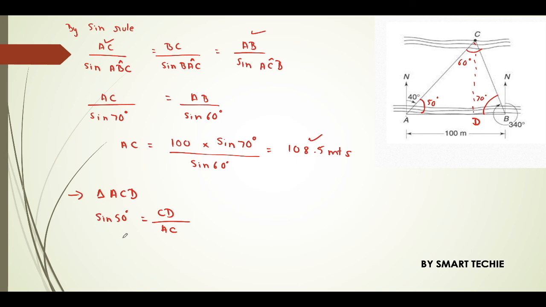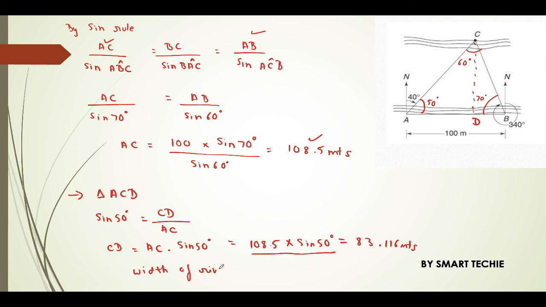CD is AC into sine 50, which gives 108.5 meters into sine 50, that is 83.116 meters. So the width of my river is 83.116 meters. Thank you.